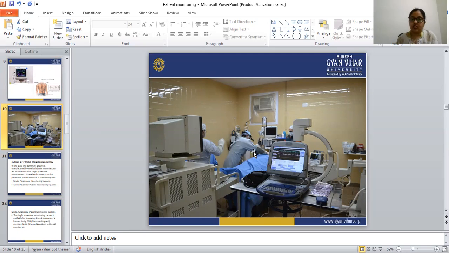The surgeons and all the healthcare staff are doing their surgeries, but they can monitor all the physiological parameters through this computer only. So this computerized patient monitoring is very useful.